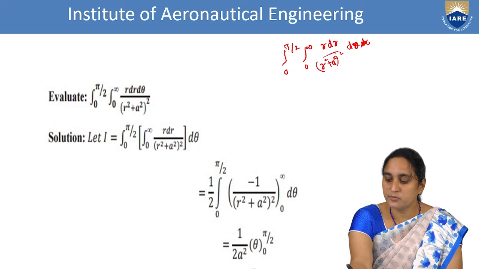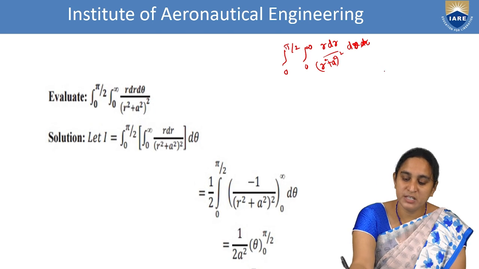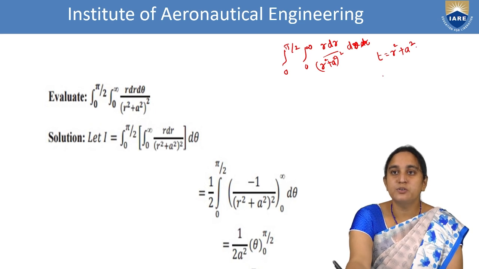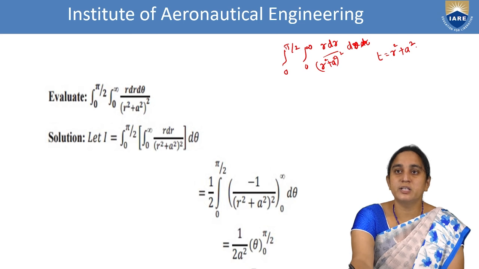There is no direct formula. For that case also, I am taking the denominator t is equal to r square plus a square. Why? Because it is very difficult to find the integration of r by r square plus a square whole square.